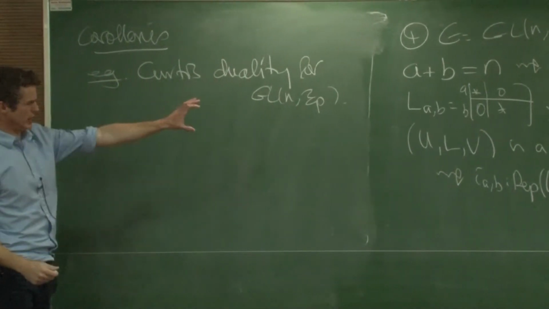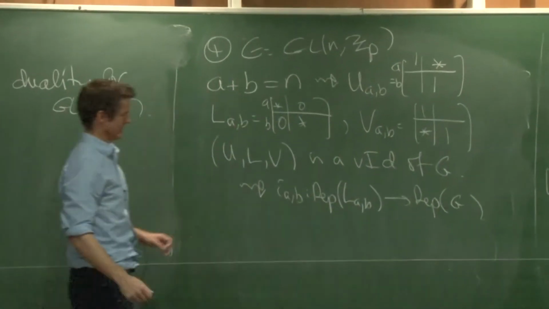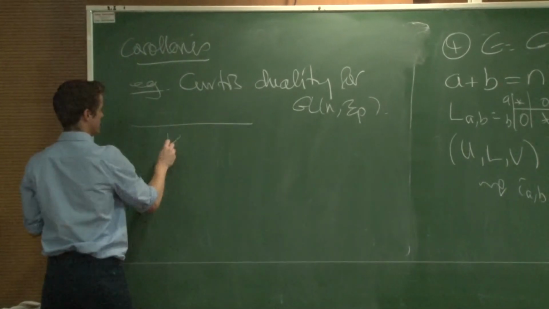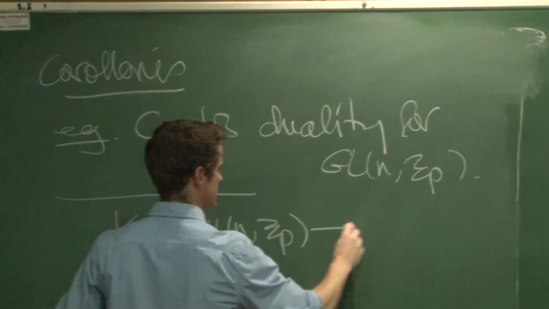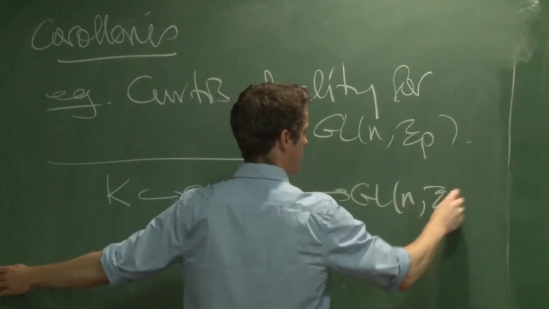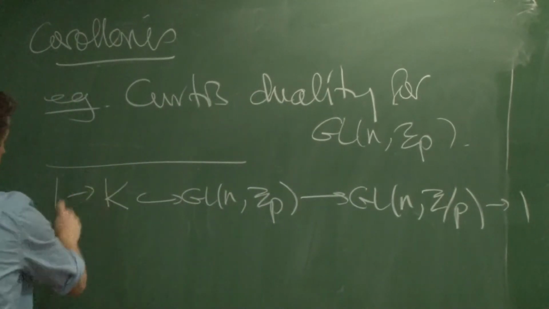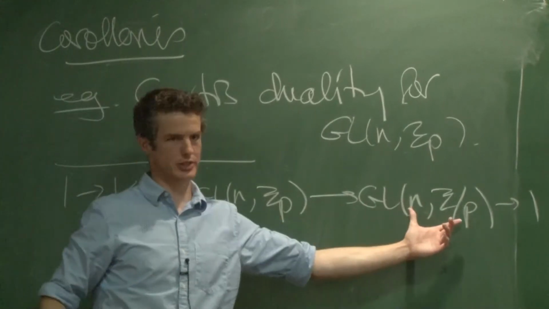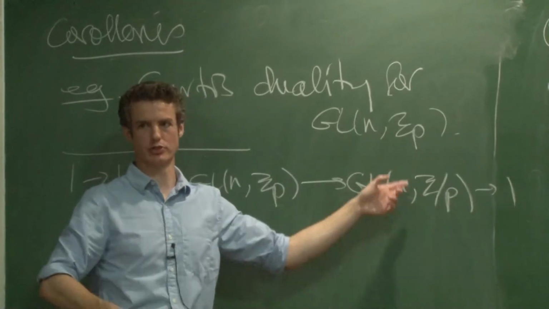Okay, so we have some tools that we've developed for attacking this conjecture. Let me just very briefly write down what's involved. So you can take GLN ZP and just reduce everything mod p to get down to this finite reductive group, whose representations and parabolic induction functors we know very well.